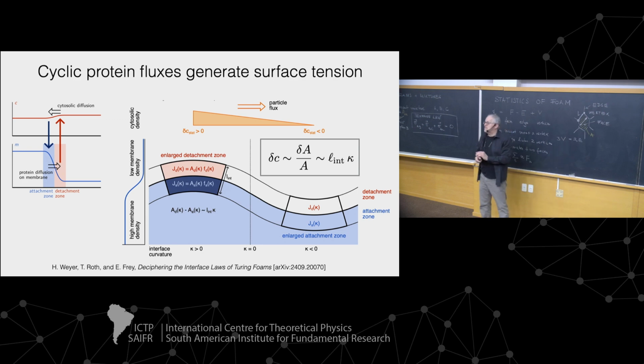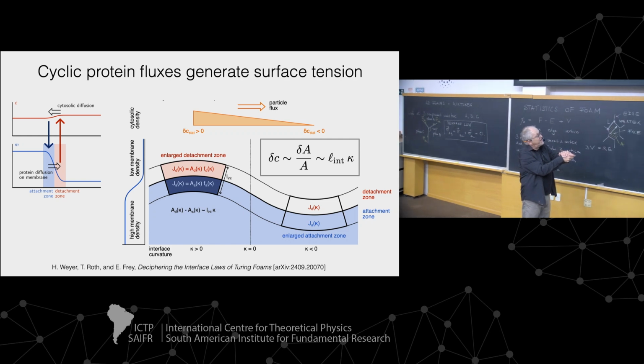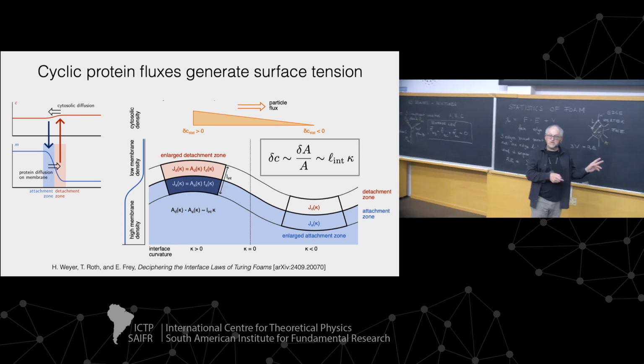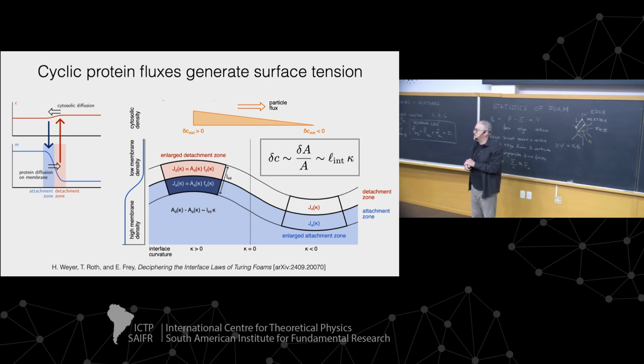It's proportional to how thick this layer of interface is, so it's proportional to the width L of the interface, and it's also proportional to how strongly you bend your interface, so it's proportional to the curvature. But now you should notice a very close analogy to the relation that we had for equilibrium systems, the Gibbs-Thomson relation.